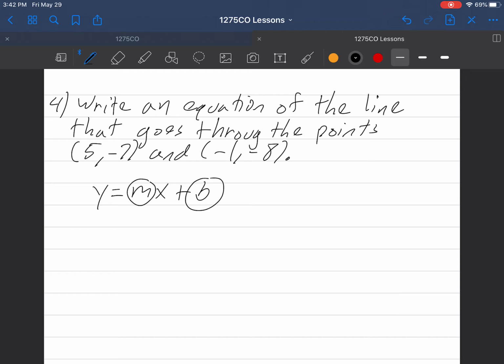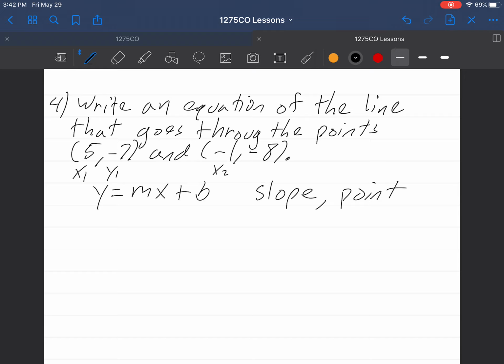So in order to write the equation of a line, the main thing that you need to know is the slope, and you need to know a point that this line is going to intersect. On this problem here, we're given 2 points that the line has to intersect. Right, so that's given to us.